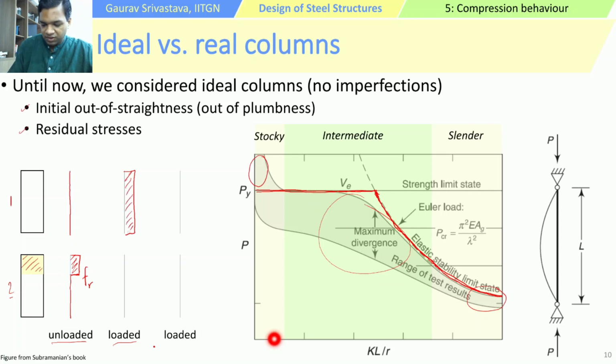Let's say this is F1. Now in section 2, if it were not having a residual stress, the stress distribution would look like this, which is F1. But because of the residual stress in that region, there will be an additional stress. So here it will be F1 plus Fr.